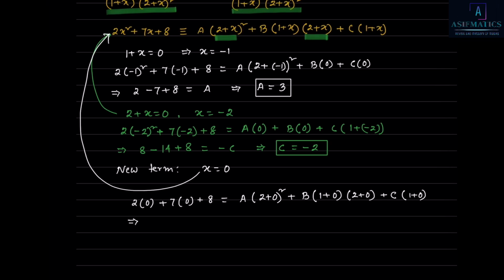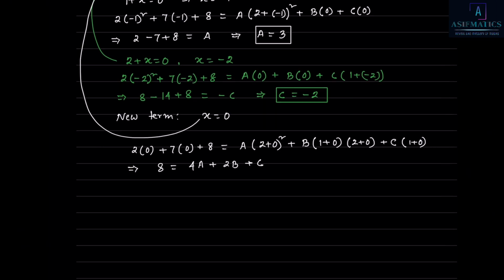So from here we can write 8 equals 4a, and then 2b, and then plus c. Now put your a and c values, because you already know a is 3 and c is minus 2. So write 8 equals 4 times 3 plus 2b plus minus 2.